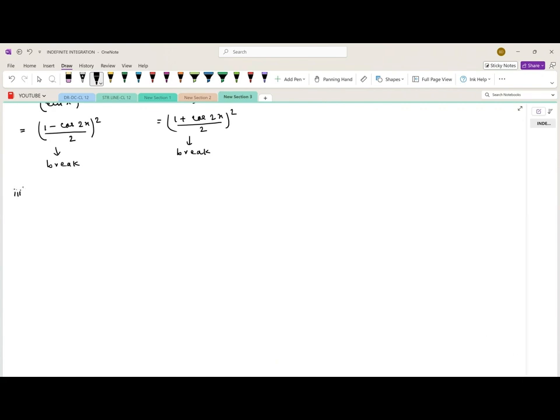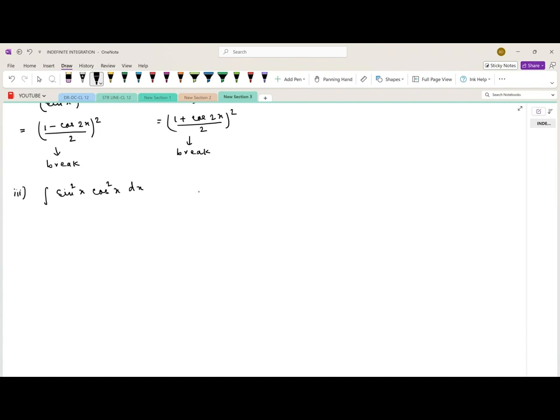Next, suppose you have sine square x cos square x. Till now we were having only sine or only cos. Now suppose you have a mixture of sine and cos like this.